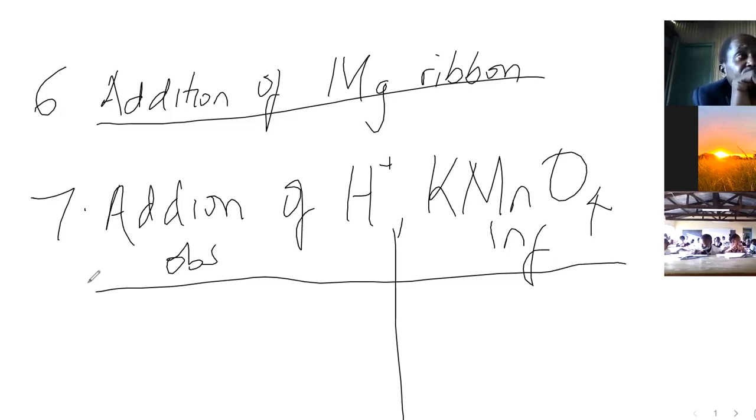Secondly, it is the potassium manganate 7 that is changing color and not the solution. So don't say solution changes from purple to colorless, because it would be a contradiction.